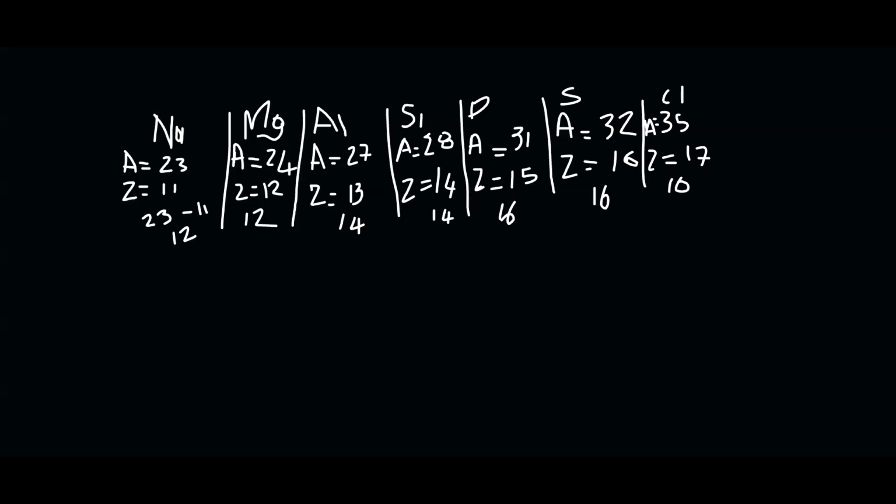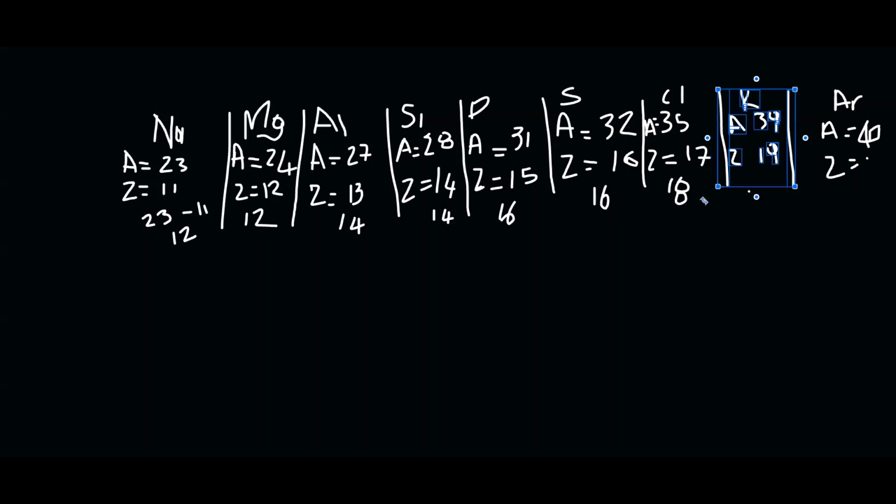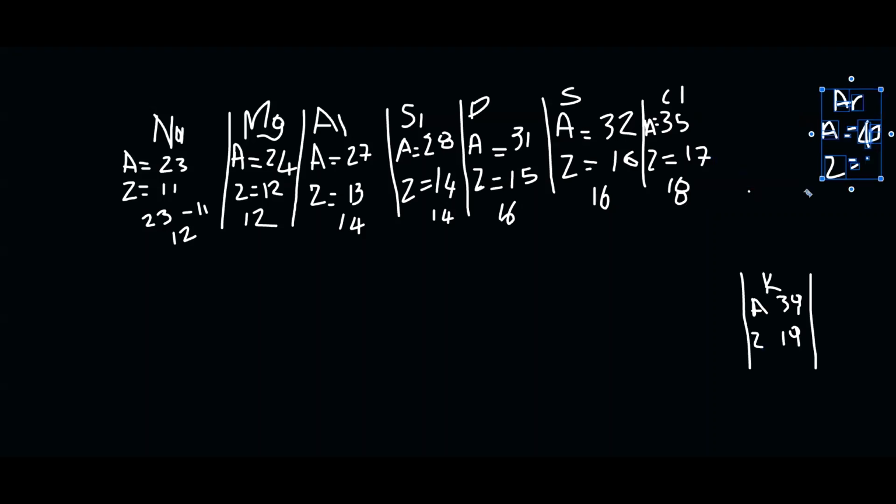Now we add argon, which would be Ar. A equals what? 40. Yeah, 40. So it'd be argon, before potassium.